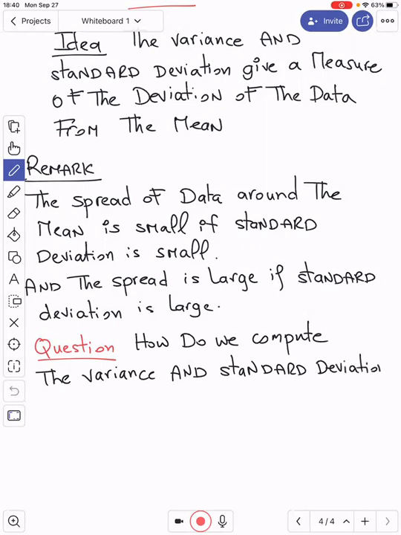At the same time, I'm going to explain the notation and give you the definitions.